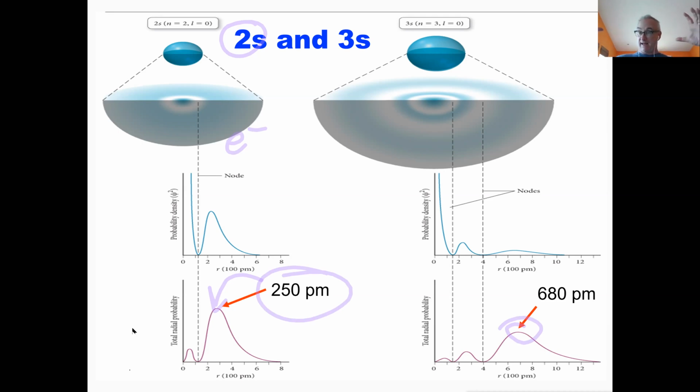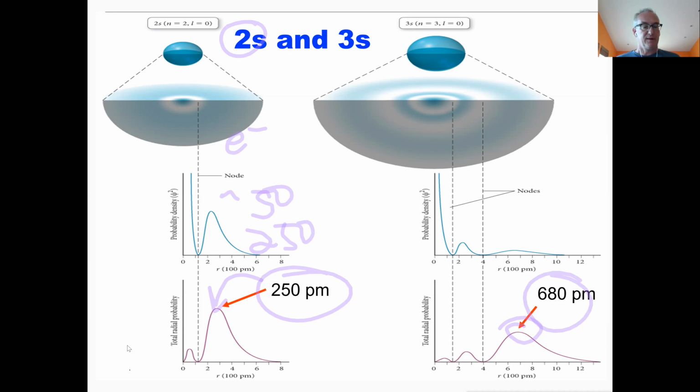Notice that the spheres are getting much bigger as we increase. The first one was around 50, the second one is 250, and the third one is 680. So it's getting quite far away. These atoms are getting really, really big as we're adding more and more levels.